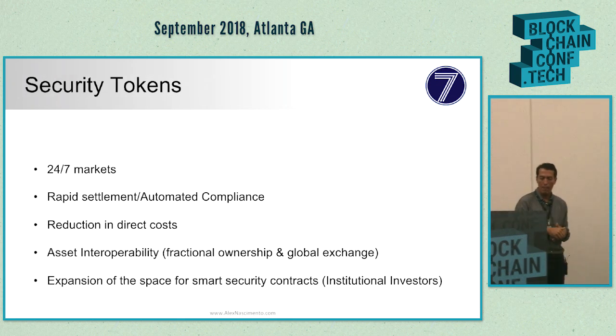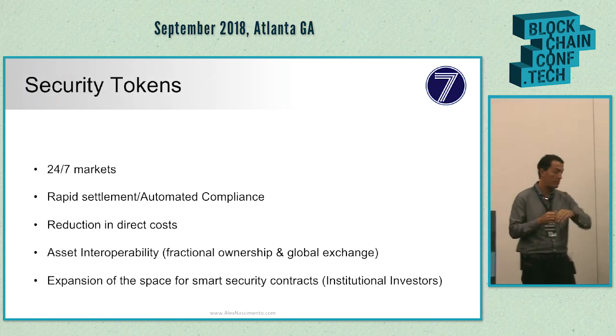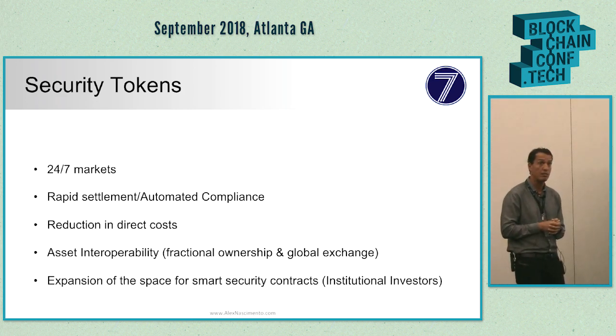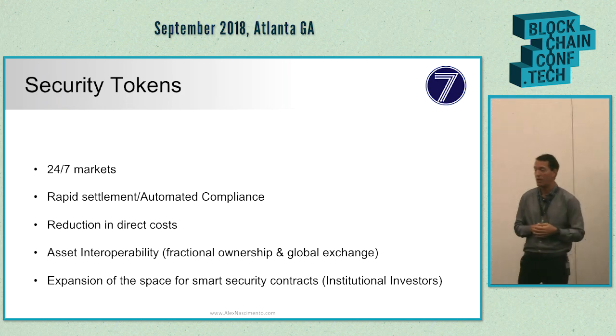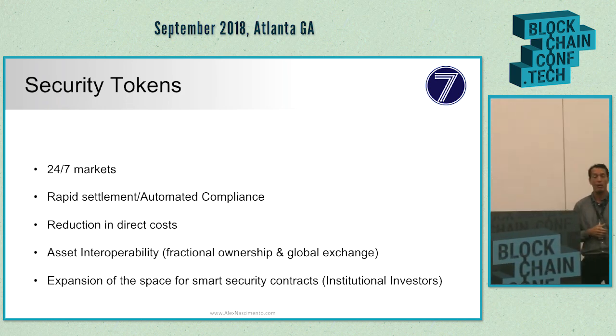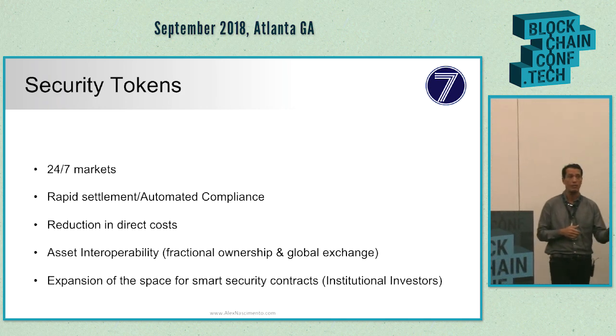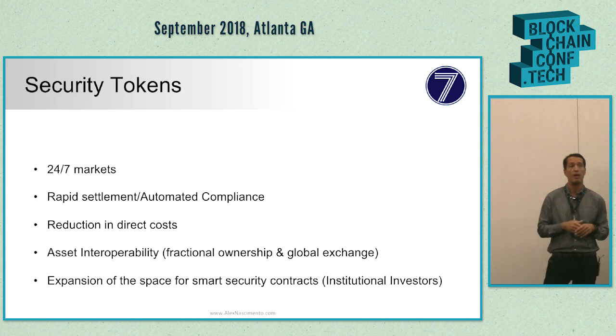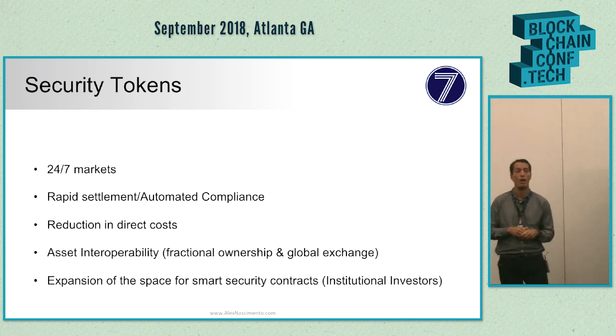So just as a recap, what are the benefits of a security token? Mainly 24/7 markets, doesn't stop. If you trade Bitcoin, if you trade any alternative coin, you know this. Rapid settlement and automated compliance. Like if I'm a legitimate player and someone is trying to sell me something and they are not a legitimate player, that compliance will not go through.